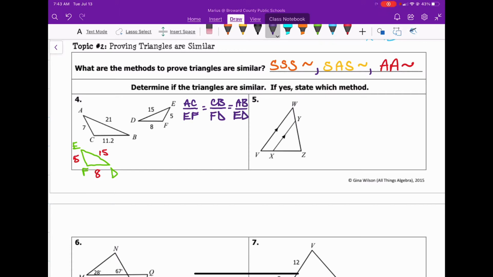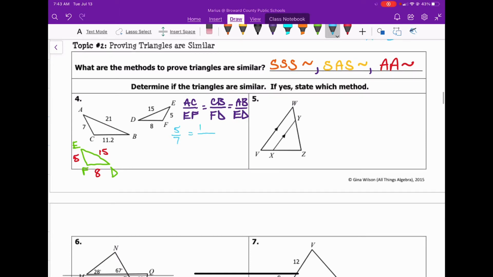Now we can go ahead and just fill in those numbers. We need to see if the sides are proportional. Oops, wrong triangle.